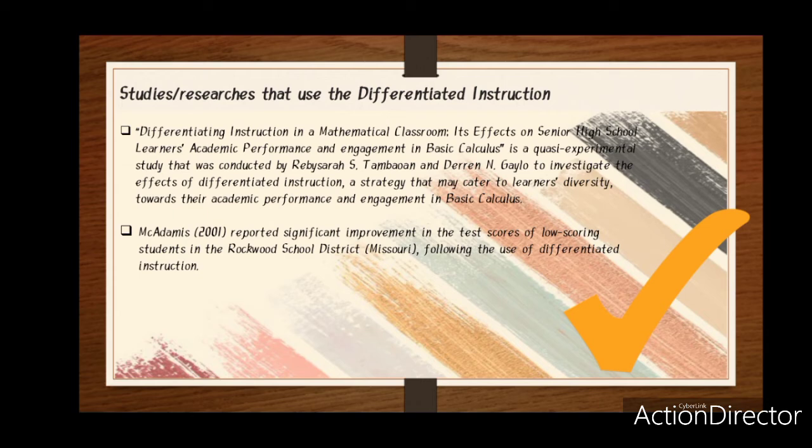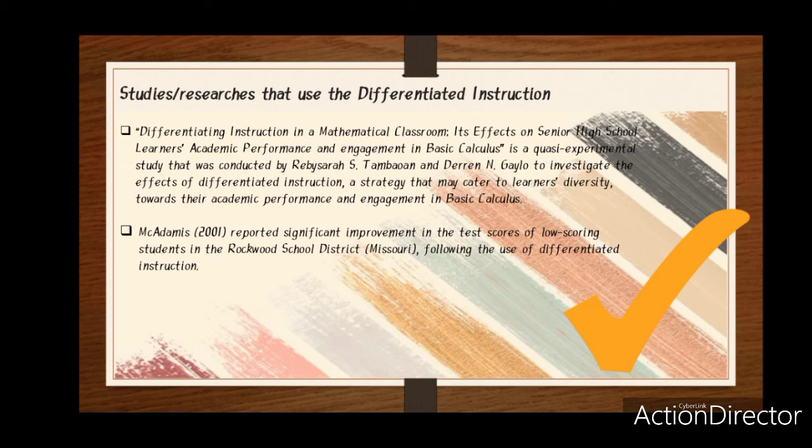It has been said in this study that it aids the improvement of the academic performance of learners and heightens their engagement. Differentiated activities in the classroom initiated by teachers, when incorporated into the lesson, give opportunities for learners to learn better, according to Tamboan and Gailo 2019.